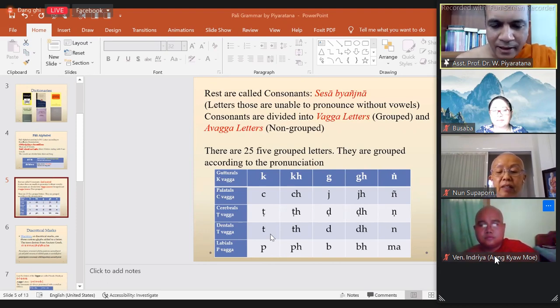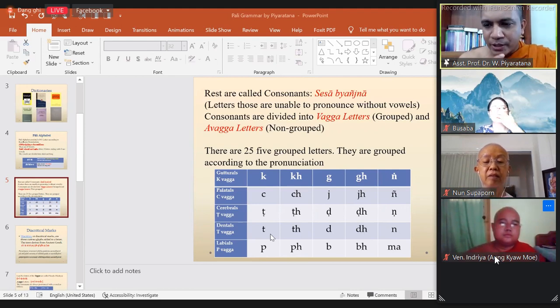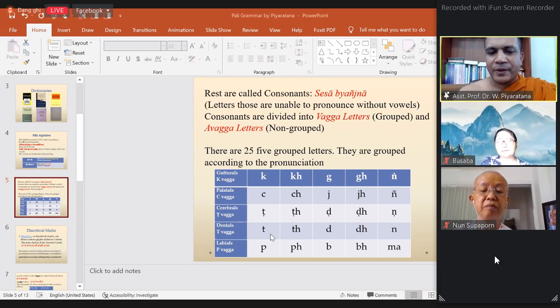And the last five letters we call labials, or pavagga. In Pali we call ottaja. Before I said that otta means lips. When you pronounce these five letters, things are happening only with your lips.